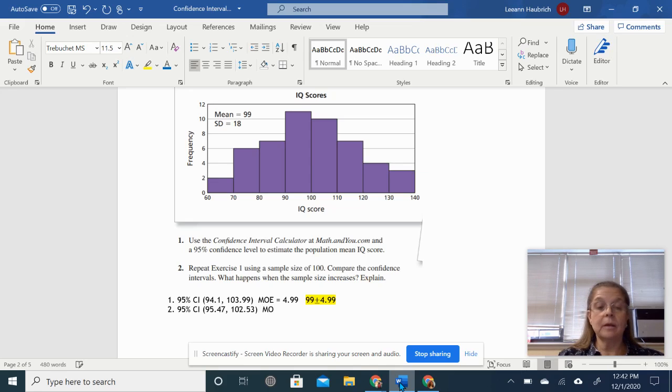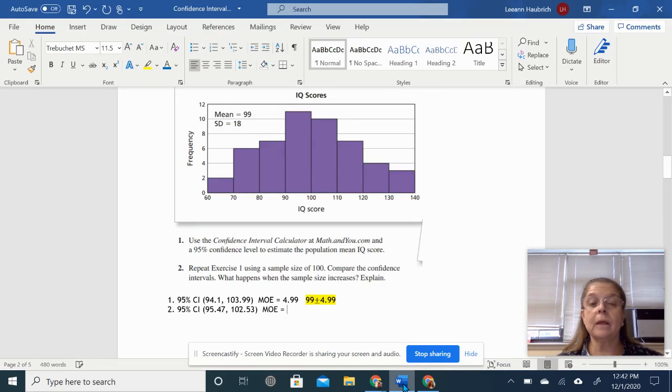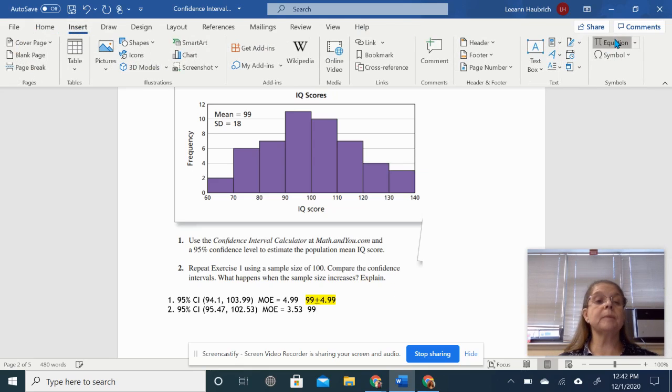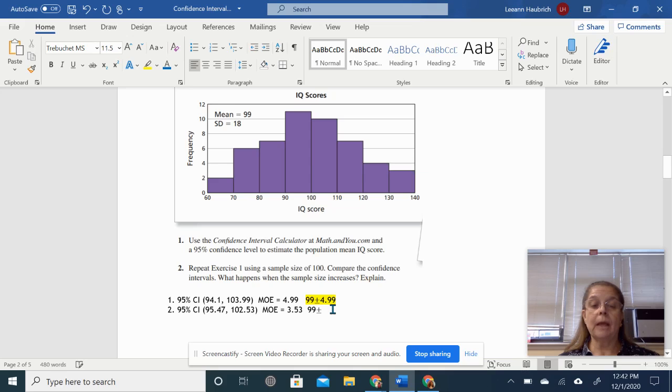Our MOE, our margin of error, is now going to be less than that, 3.53. So now we would write this as 99, the plus or minus, and the new margin of error is 3.53. I'm going to highlight this because I want to point these out.